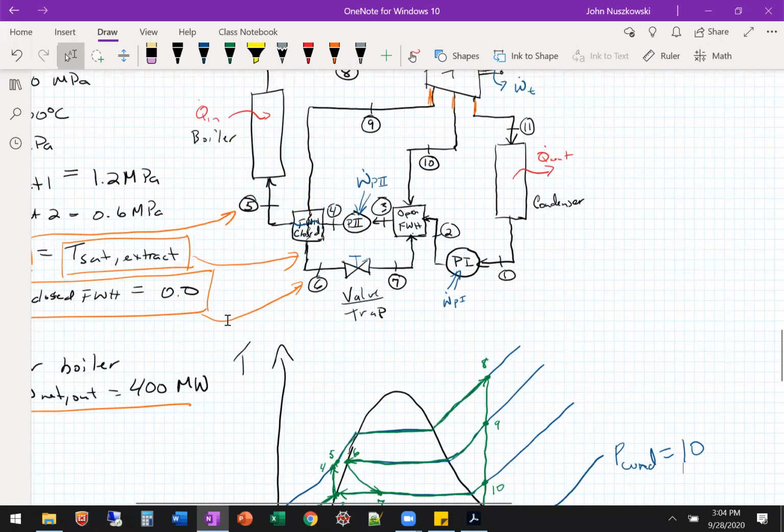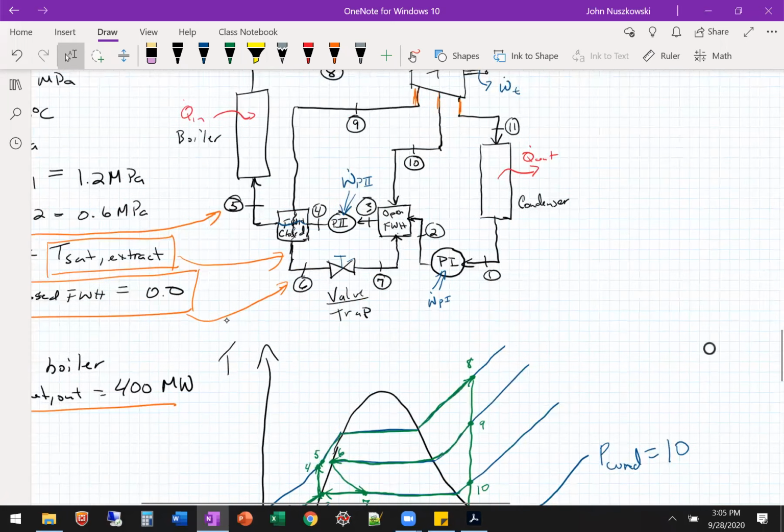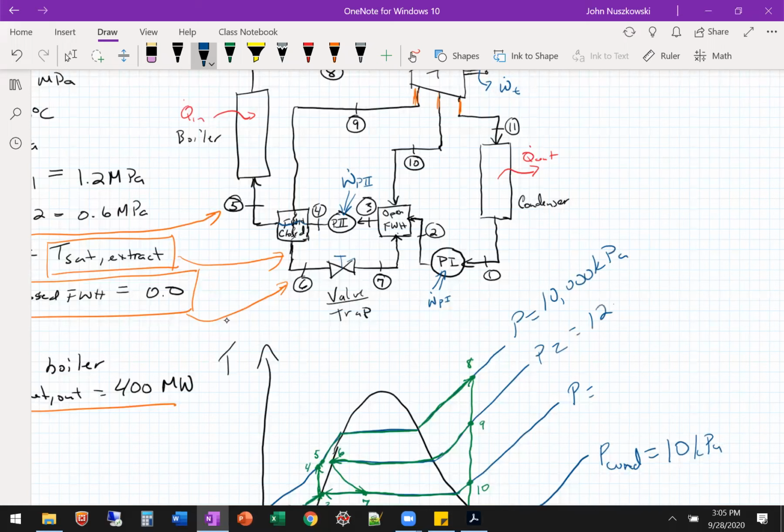Okay, so we have our 10 kPa. This is 10,000 kPa. And we had, I think, 1,200 kPa. And 600 kPa. So it's our 4 pressures, right?